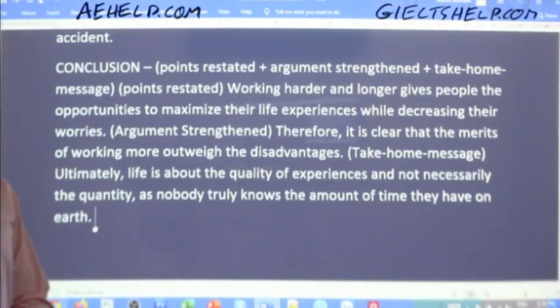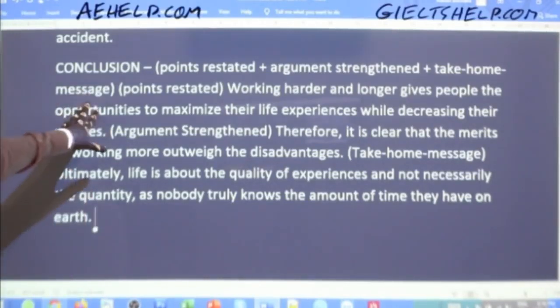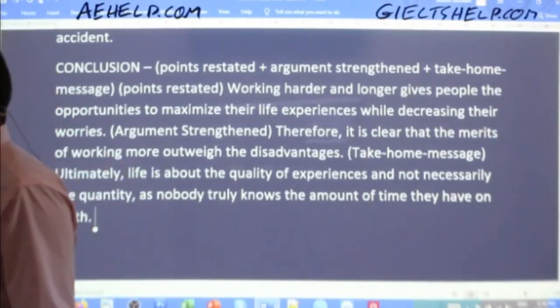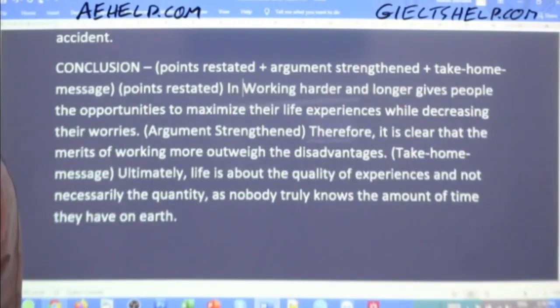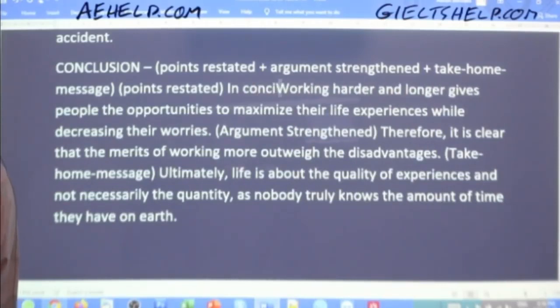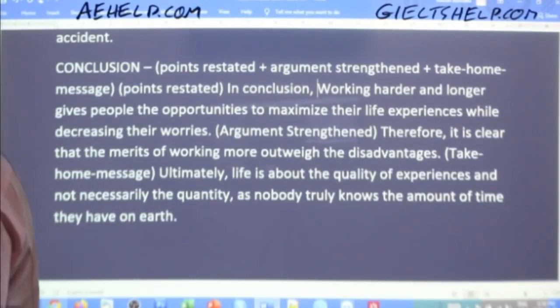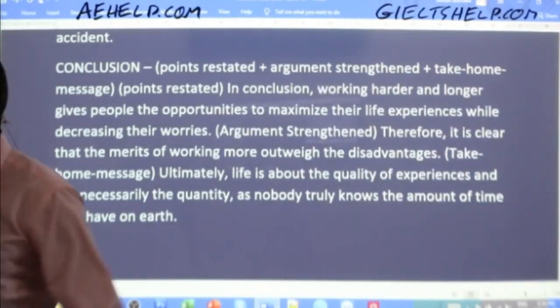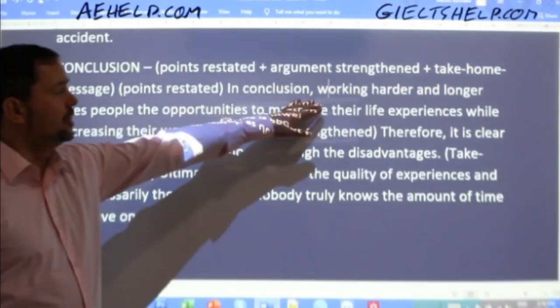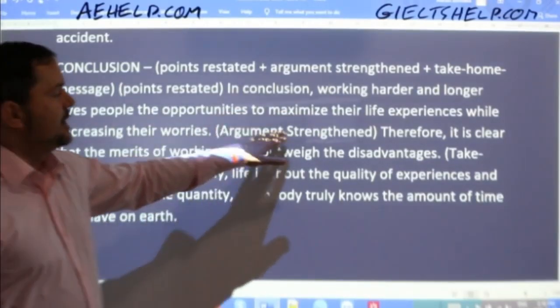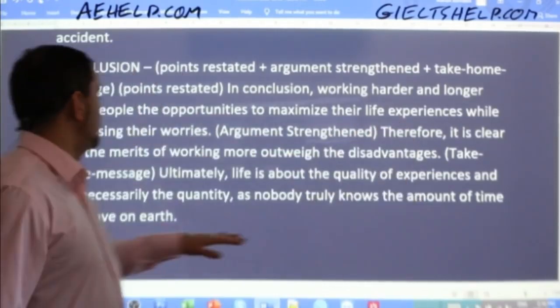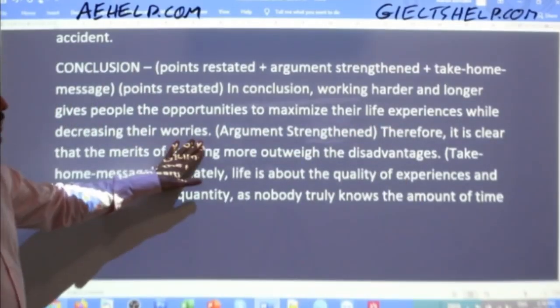So here we go. Conclusion. Let's start with in conclusion. The examiners like to see the in conclusion. It's very clear for the examiners. In conclusion, working harder and longer gives people the opportunities to maximize their life experiences while decreasing their worries.